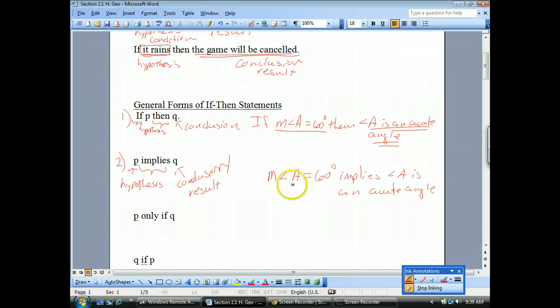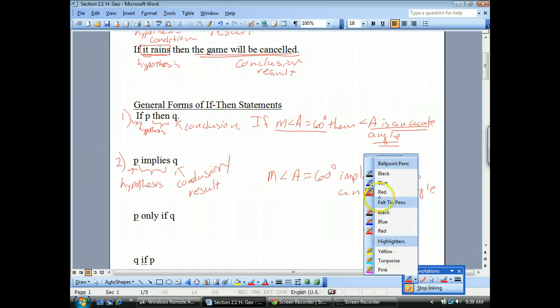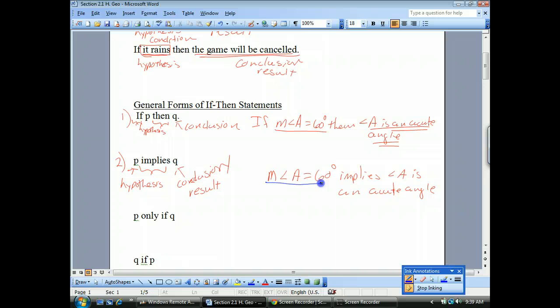So the hypothesis is measure of angle A is 60 degrees, and the conclusion is that angle A is an acute angle. So this is the hypothesis, and this is the conclusion, or the result that we can come to.